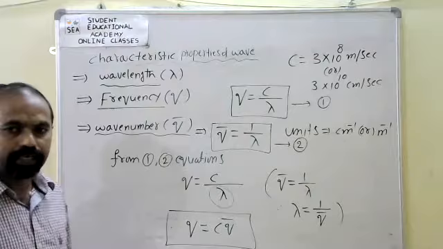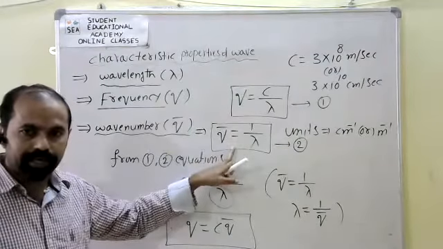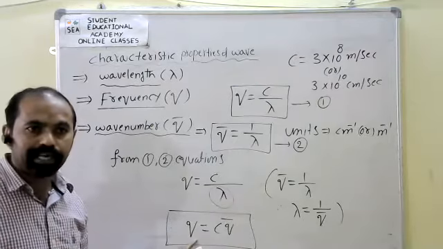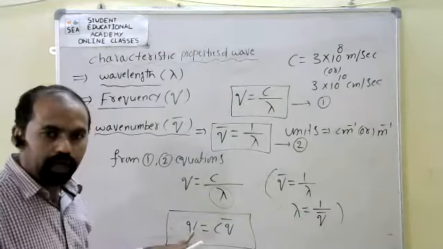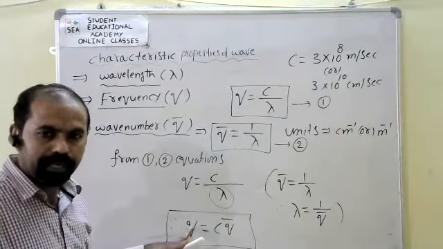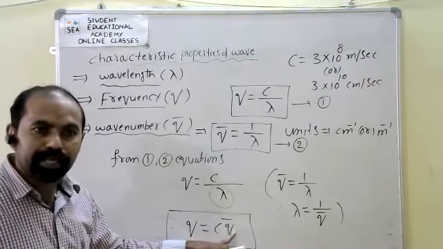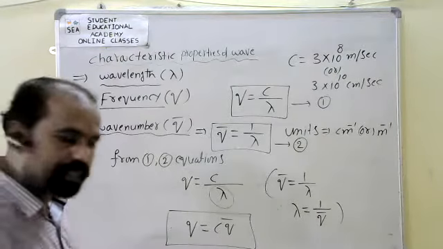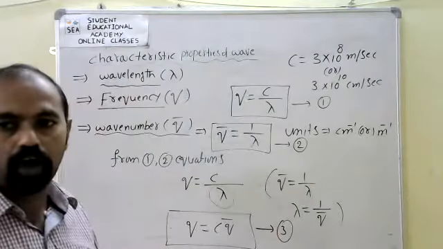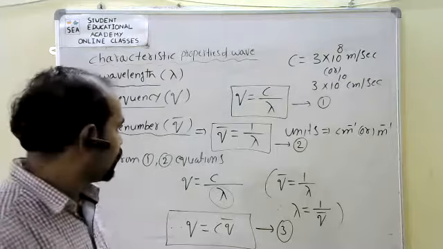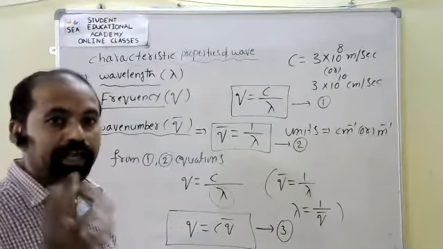We get one more relation from equations 1 and 2: nu equals C nu bar, where nu is frequency, C is velocity of light, and nu bar is wave number. These three relations are important with respect to wave properties or characteristics.